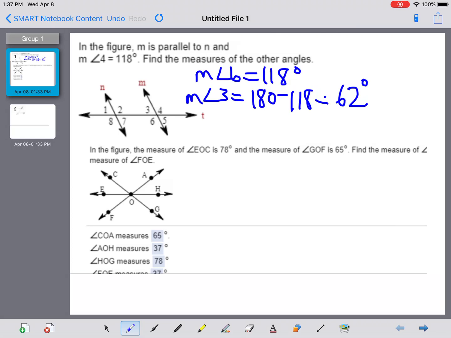We can also find angle 5 because angle 5 and angle 3 are vertical angles. So angle 5, the measure of angle 5 is also 62 degrees.